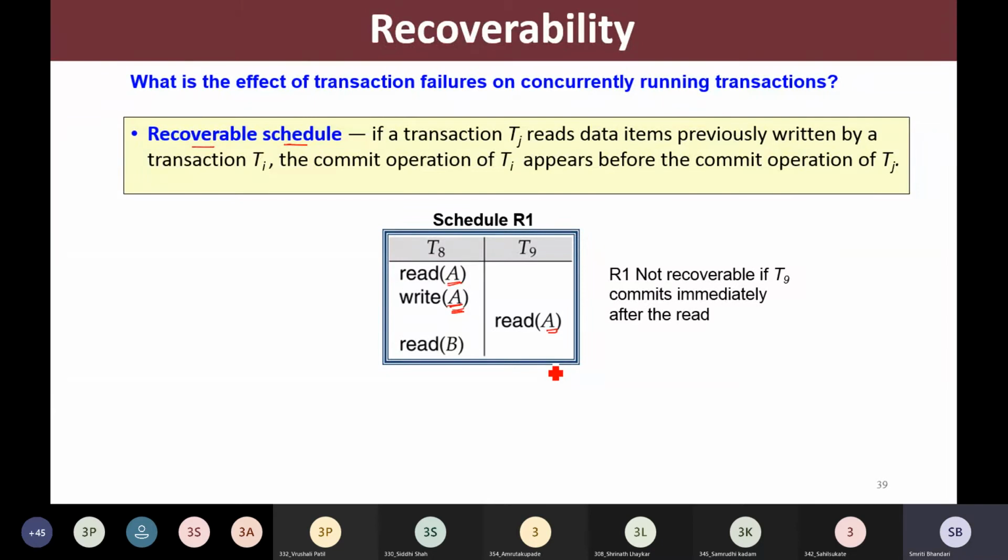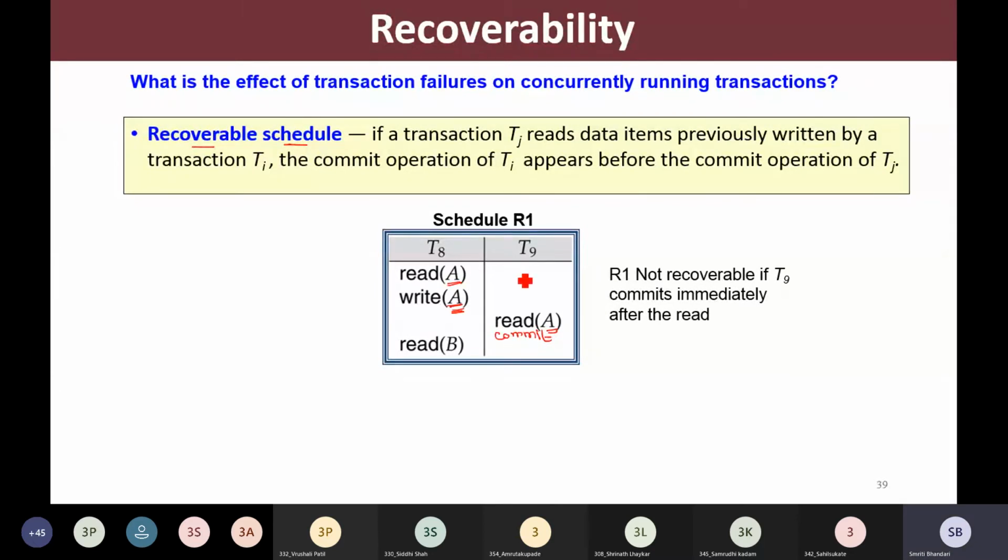Now, if it happens that after reading this data item, T9 executes commit right here, then what will happen? T8 has read and written the item, that item is read by T9, T9 has done something, and then T9 has committed.